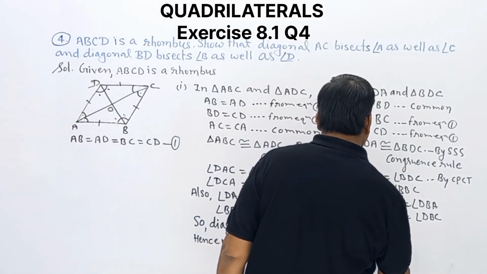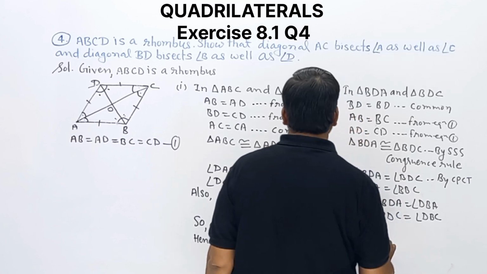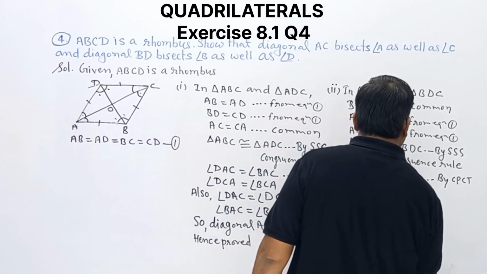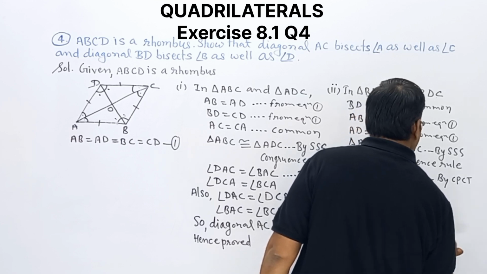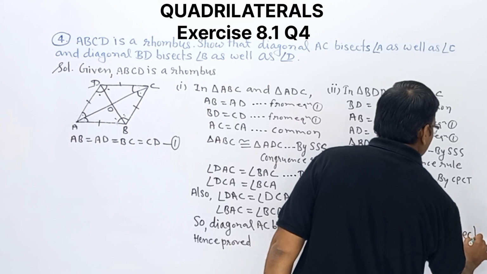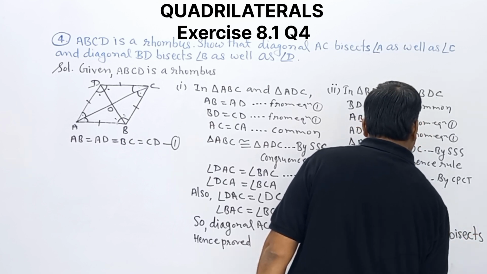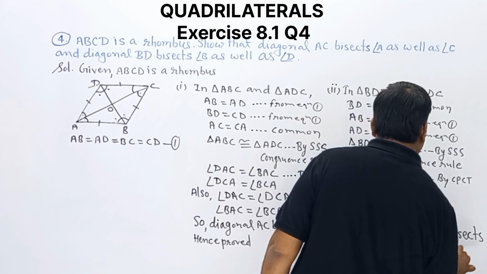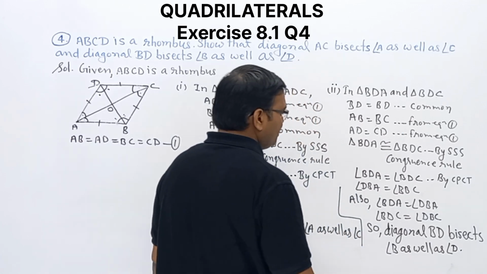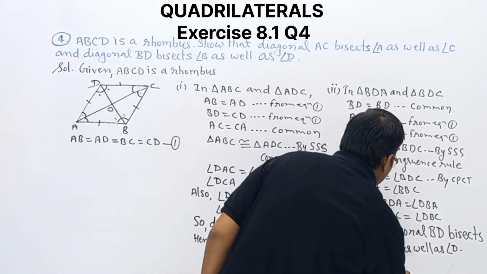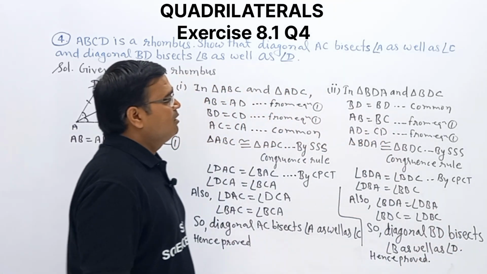Hence what we can say, diagonal BD bisects angle B as well as angle D. Hence proved. We proved both things for this question.